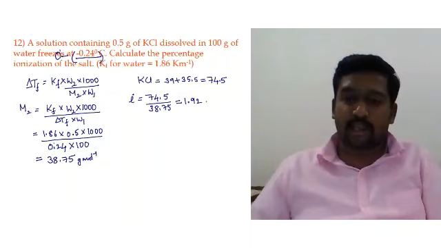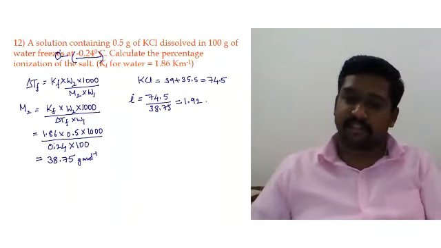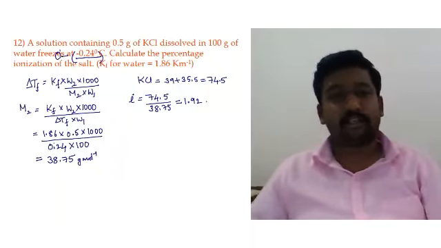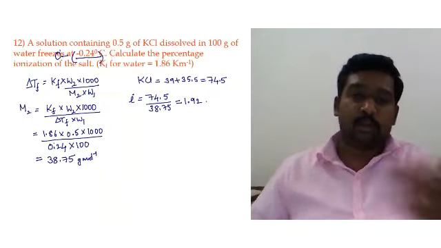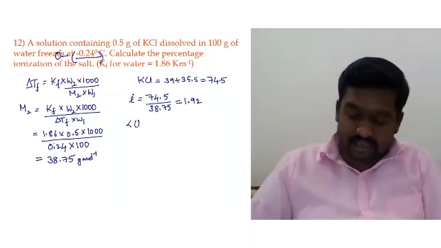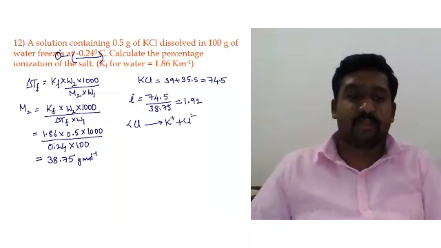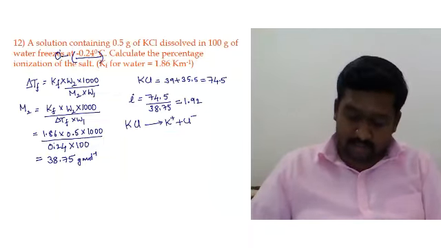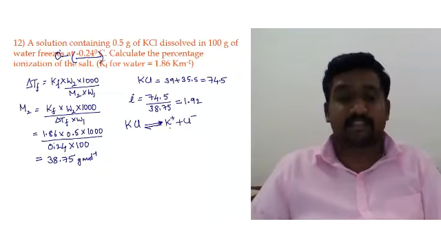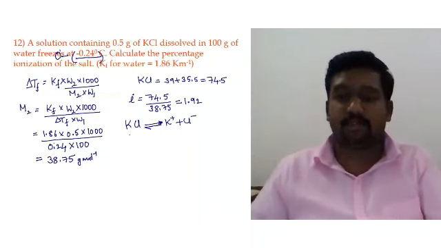Though it is a strong electrolyte, we are getting some information from a practical observation in this problem that KCl is not undergoing 100% ionization. It is only 1.92. Then what is the percentage ionization? Let's see that. If I write KCl dissociation as K plus and Cl minus, of course this must be a reversible reaction because it is not 100%. If the value was 2, I would have said 100% dissociation.